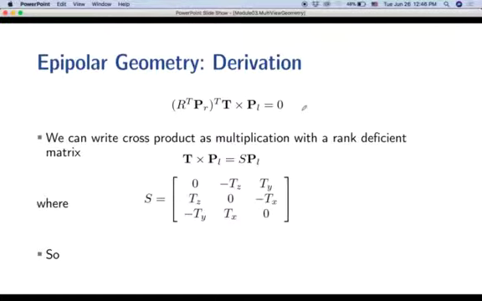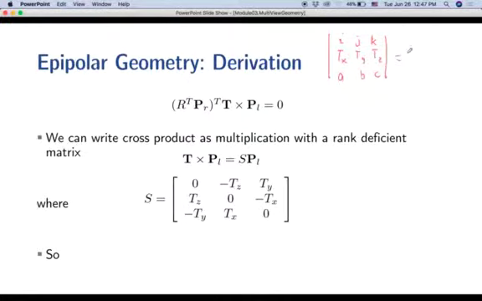Now I can always do that, right? Because how do I compute a cross product? Let me really do that here. How do I compute a cross product between, let's say, two vectors? One of them is Tx, Ty, Tz, and the other one is anything else, A, B, C. So how do I compute the cross product between them?